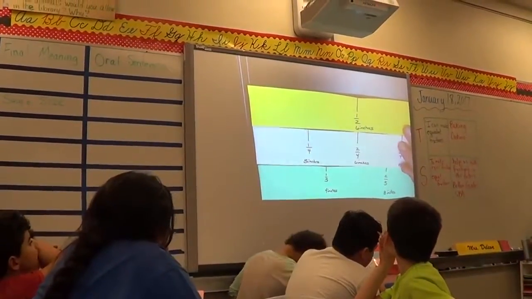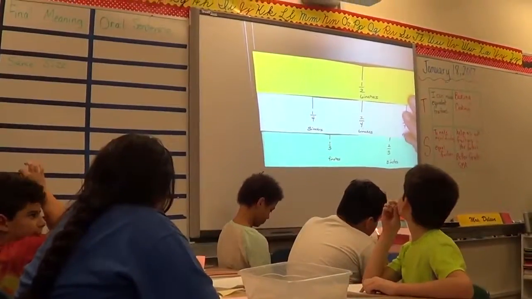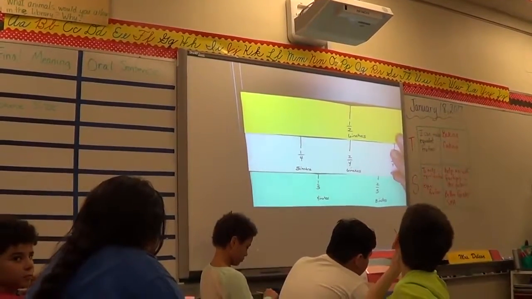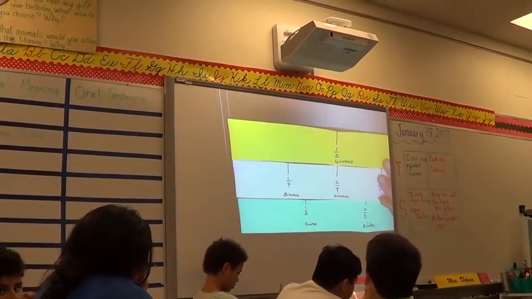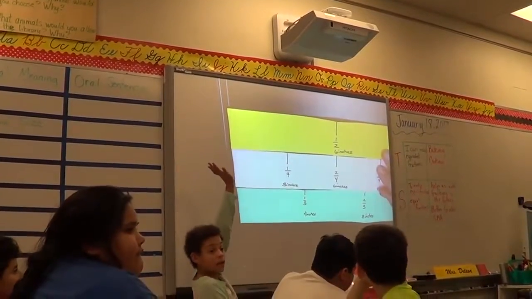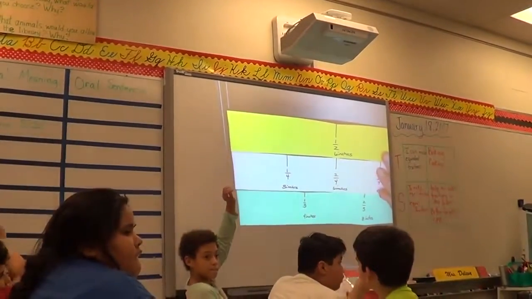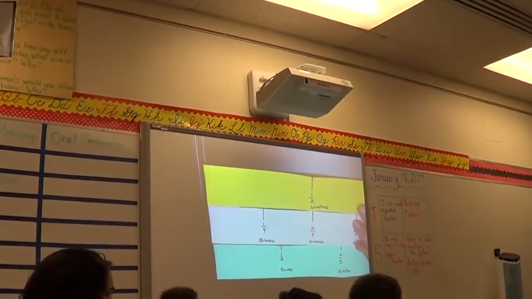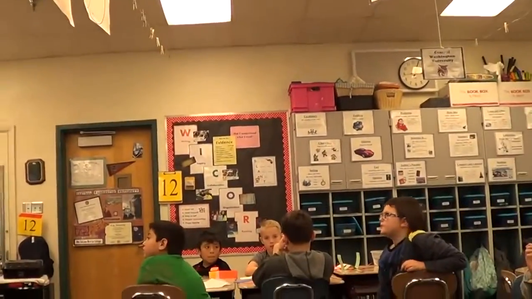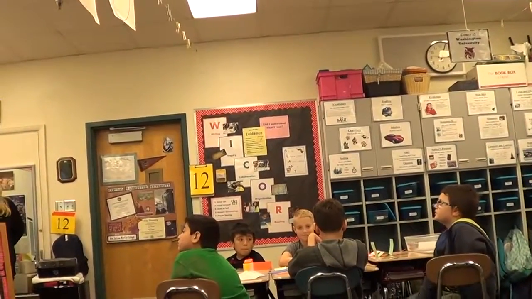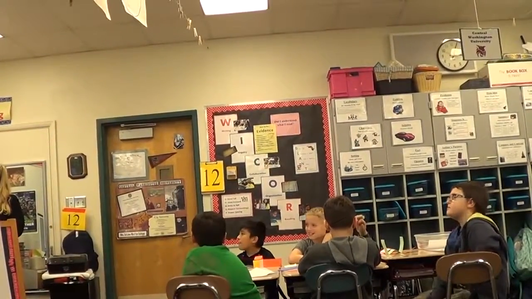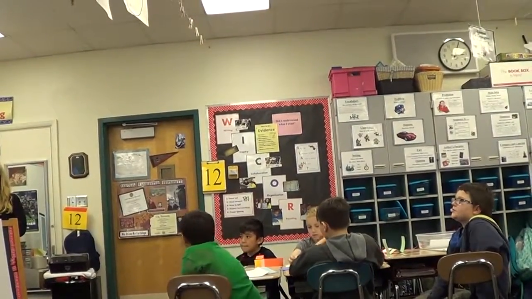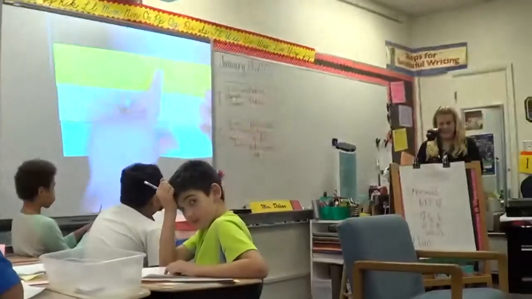Do you see any of the lines that line up from one fraction strip to the other? Who can help him out? I see lots of you being very polite and giving him the respect that he deserves to think about this. Nathan, what do you think? The 1/2 and the 1/4, or the 2/4. 2/4, right. So you have 1/2 right here, and you have 2/4 right here. Do you notice that they are the same size?